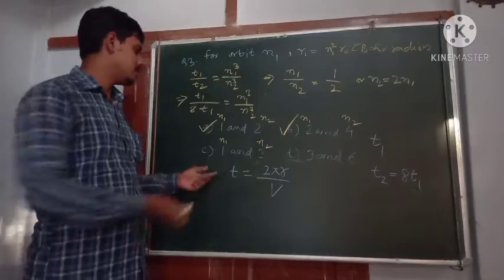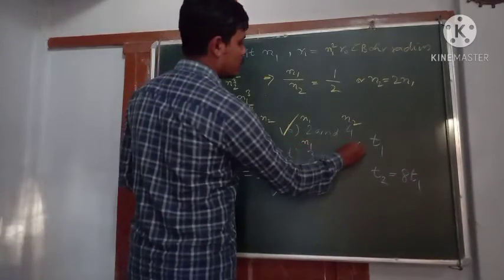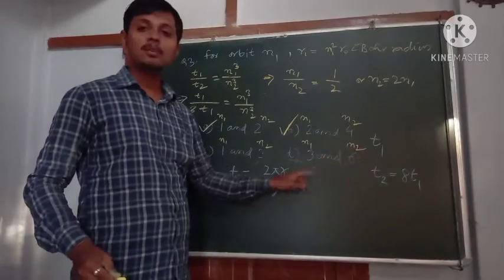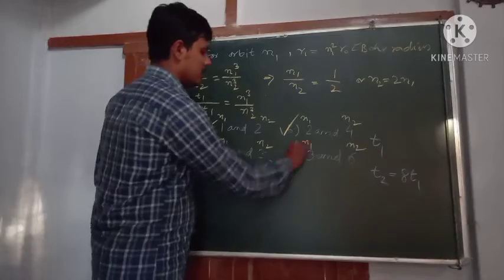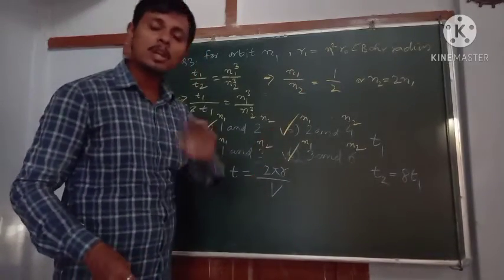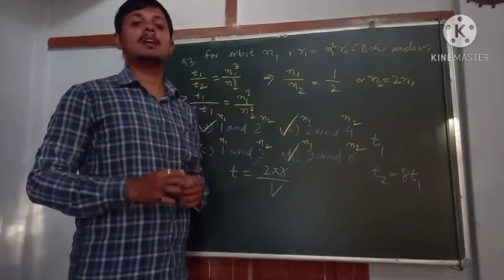It won't be valid. Similarly, n1 is 3, n2 is 6: 6 equals 3 into 2. This condition is valid, so option B is also correct. So this question is a more than one answer type question, where we can have more than one correct answer.